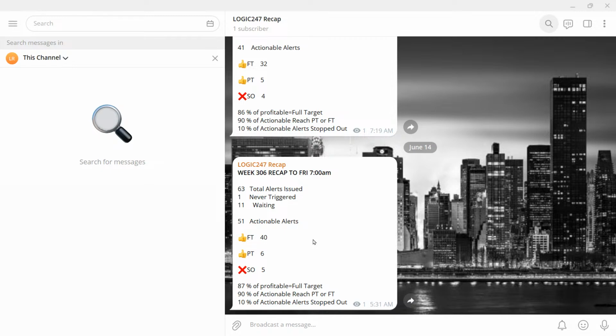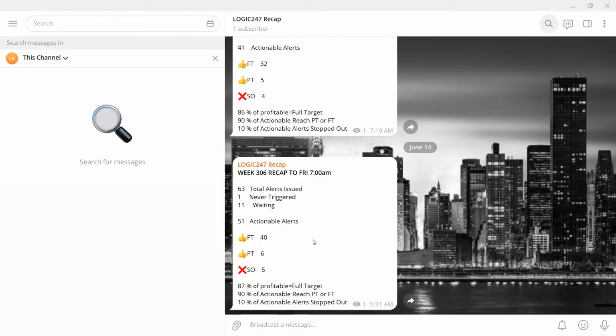Over those 306 weeks, we have issued over 16,900 individual handcrafted alerts. And we've averaged 20% or less of the alerts being stopped out based on market structure and a very simple process that we teach all of our passport holders.